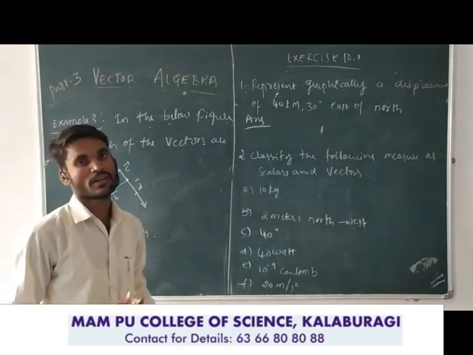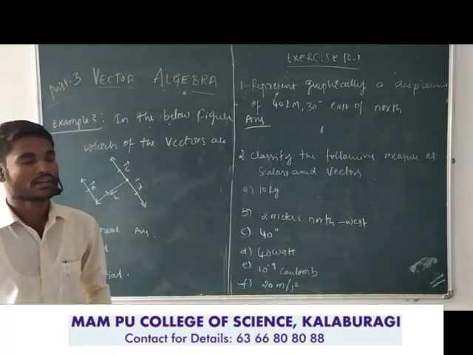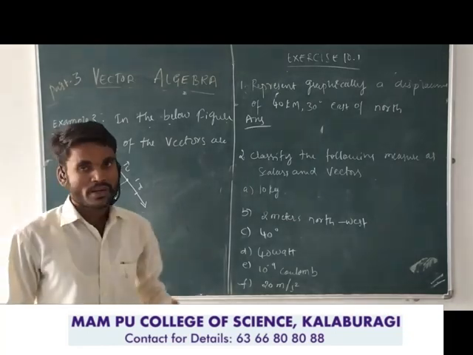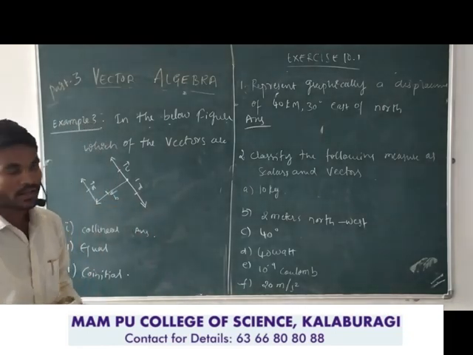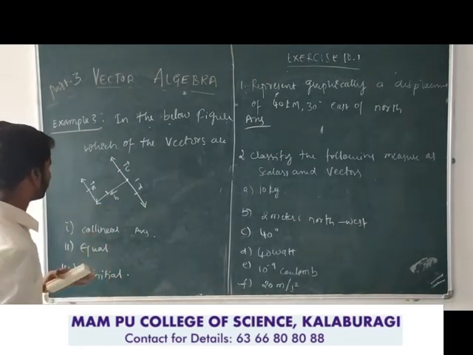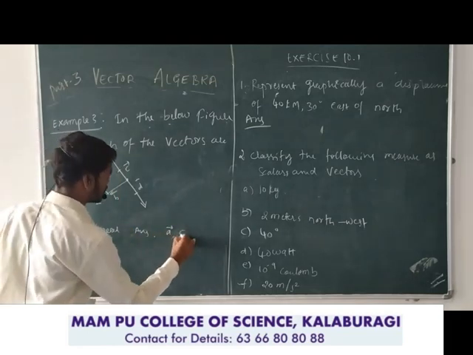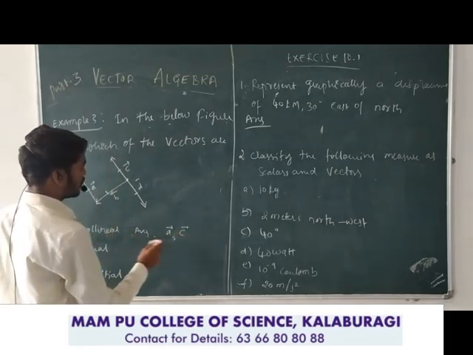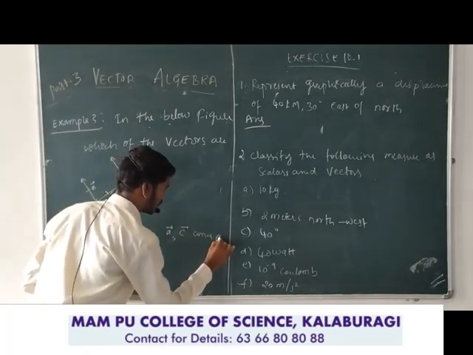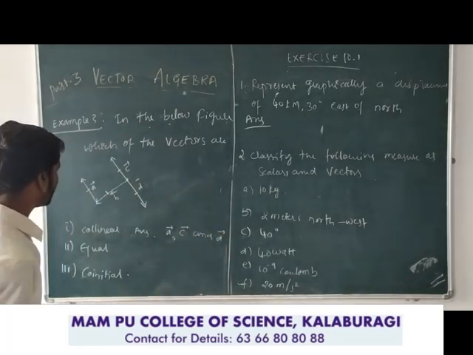Collinear: two or more vectors are said to be collinear if they are parallel. Here A is parallel and C is parallel, and D is anti-parallel, so we can write D also.